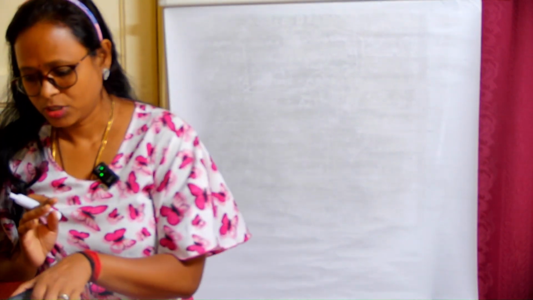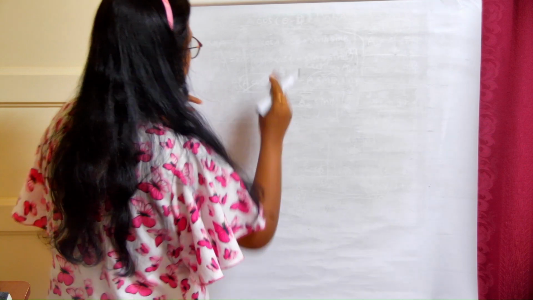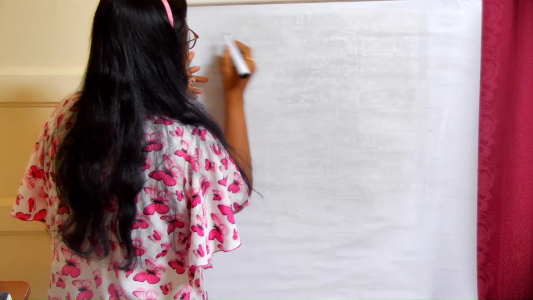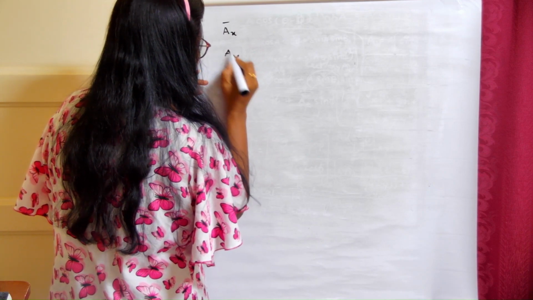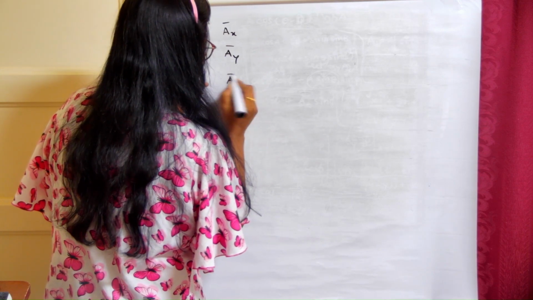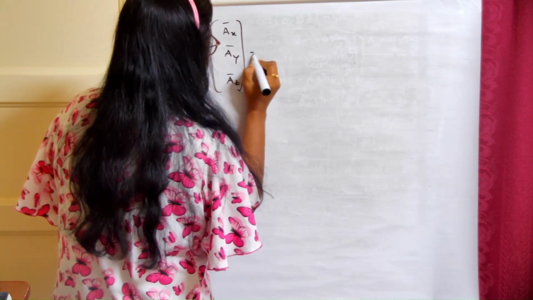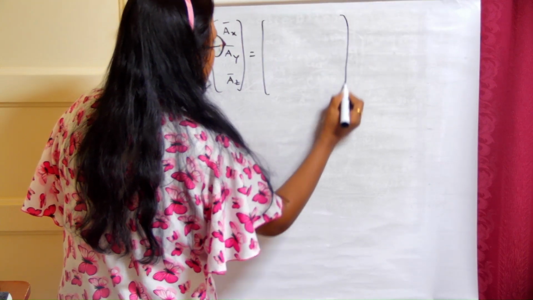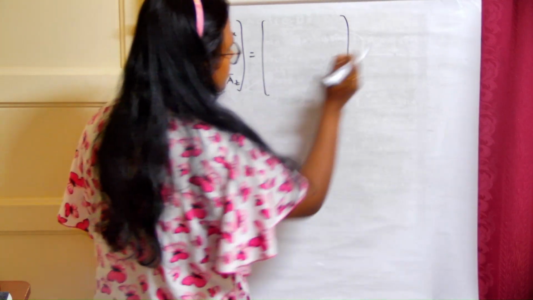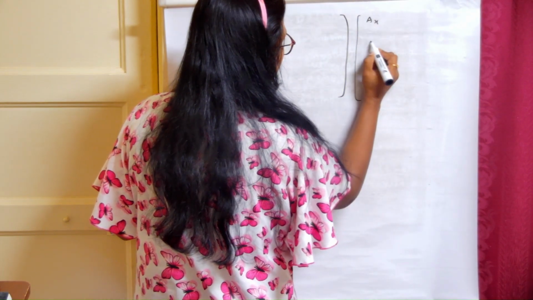In the case of rotation happening for 3 axes, we write Ax bar, Ay bar and Az bar, which will be the new components of the vector A bar, and here comes the transformation matrix, and here will be the old coordinates.